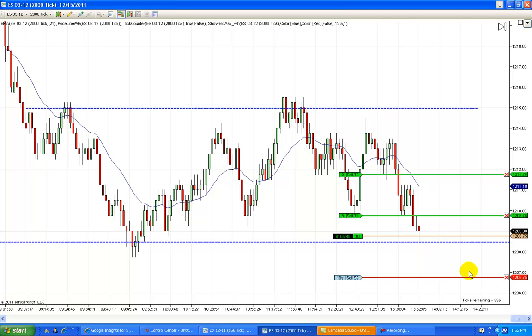Those people that are putting their orders in manually are struggling to get all their orders in once they're filled, where ours go in in just a blink of an eye, and so we get ahead of a lot of the manual traders. So it's another reason I like to use the strategies, especially when scalping.